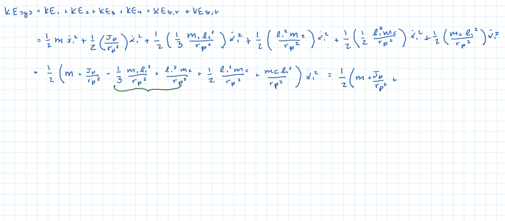These guys together: one-third m1 plus m2, times L1 squared over rp squared.